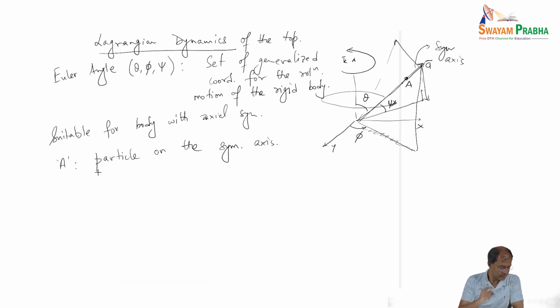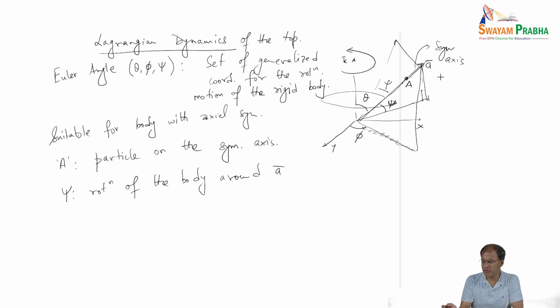Okay, so then let psi be the rotation of the body around the symmetry axis, around A. So it is this rotation that I was talking about with respect to the symmetry axis. Not fluctuation, but the rotation about the symmetry axis.